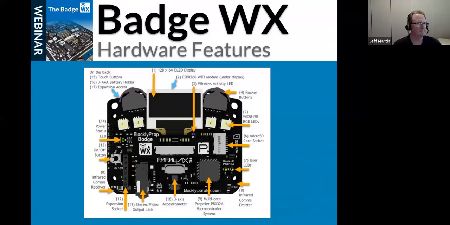One thing I think I'll mention here is that when the badge starts up, the Wi-Fi module that's behind the OLED actually programs the propeller with a little badge bootloader, and that runs a little menu.